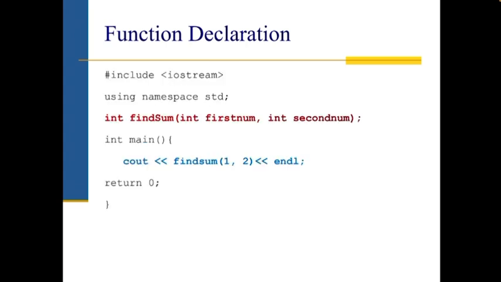The parameters are within the parentheses: int firstNum, int secondNum. The function declaration is written outside the int main. Inside the int main, you call what you wrote outside the int main. So cout findSum(1, 2), then you end line, then you terminate.